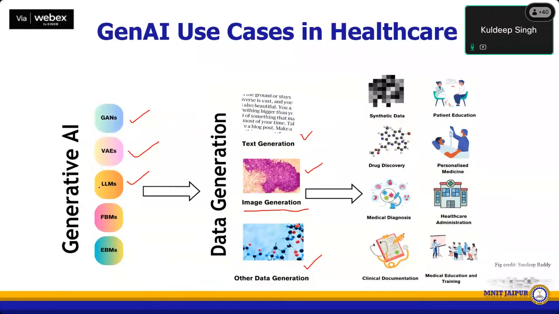As I was telling you, the major problem from an AI perspective in the healthcare field is related to the data. We have scarcity of data, and it is very cumbersome to collect new data, or there is limitation in developing the data sets. We ourselves are working on multiple projects where we are collaborating with different doctors, and frankly speaking, it is very challenging to collect data from different hospitals.